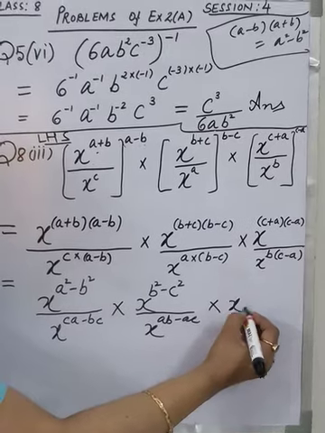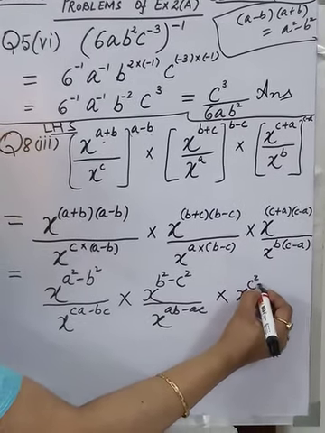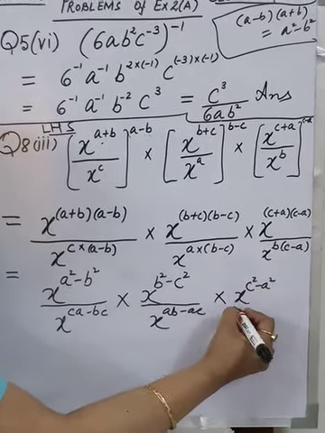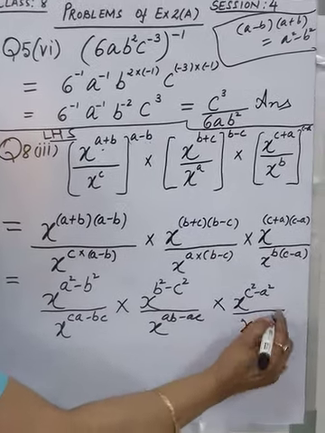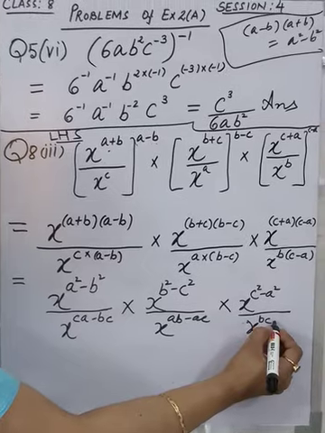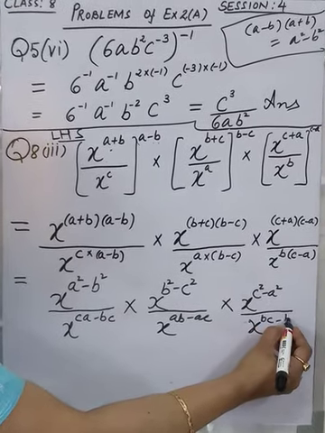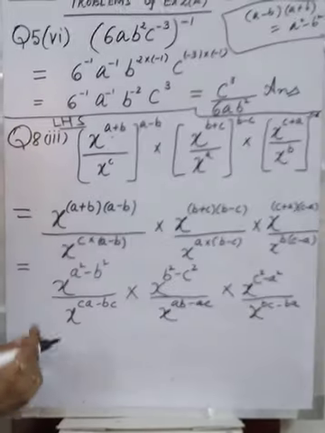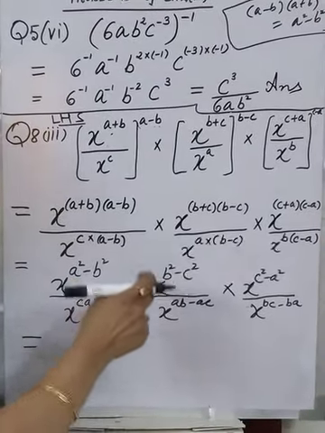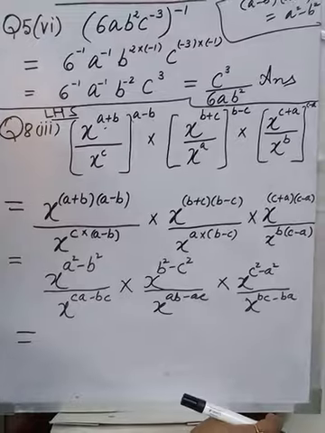Again in the numerator we have c square minus a square and x to the power b into c minus b into a. Whenever we are multiplying and the base is same, powers get added.